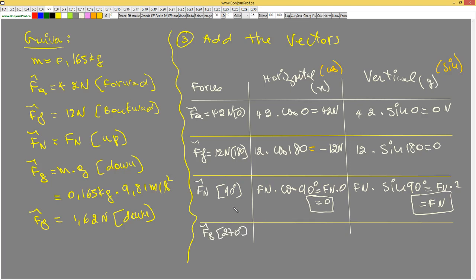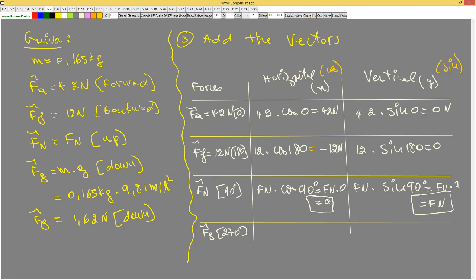So for the normal force, we don't know it? We don't know it, so we put Fn. Look what I did for the normal force: Fn cosine 90 degrees. But I can calculate cosine 90 degrees. This is math here. What is the cosine of 90 degrees? Cosine 90 degrees is 0. So Fn times 0 gives me 0, because everything times 0 is 0.